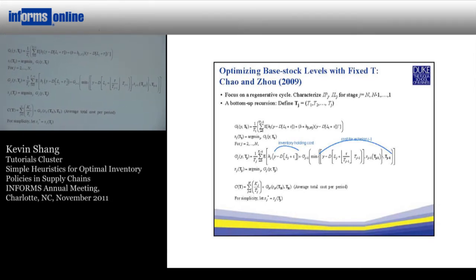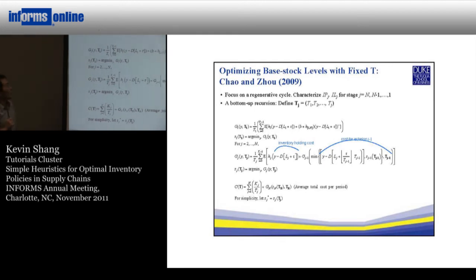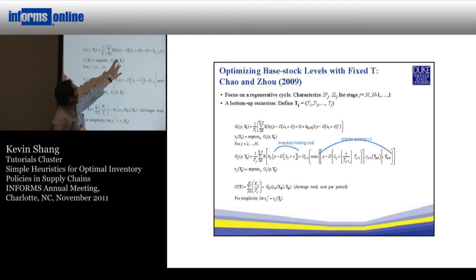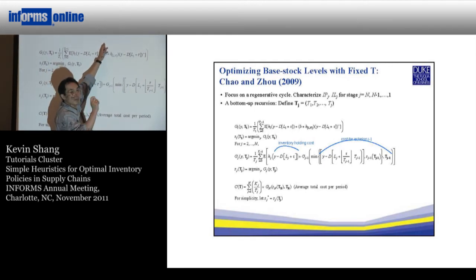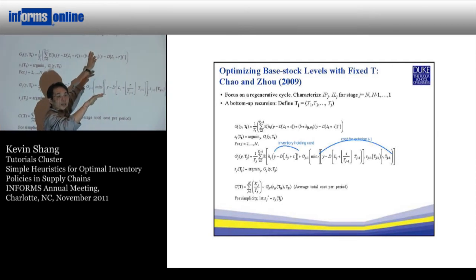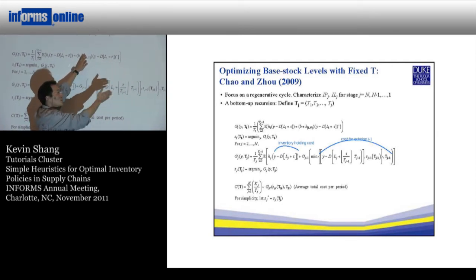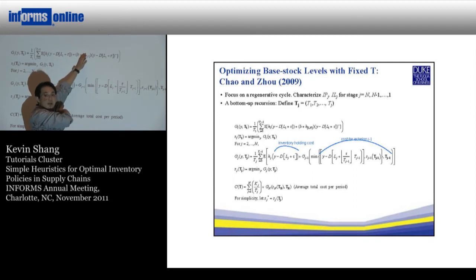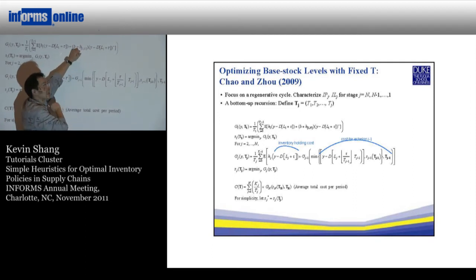Now, in terms of the optimization, what we found is that if you give me a set of t, the reorder intervals for all stages, I can find the optimal base stock levels for you.